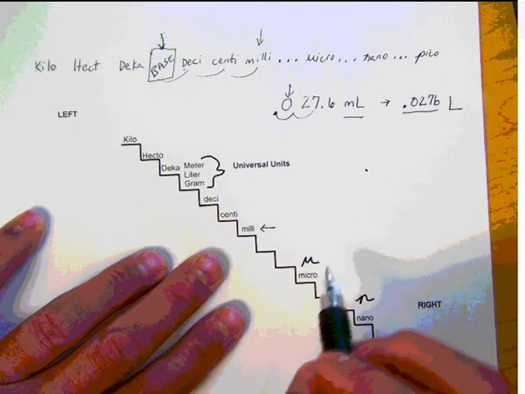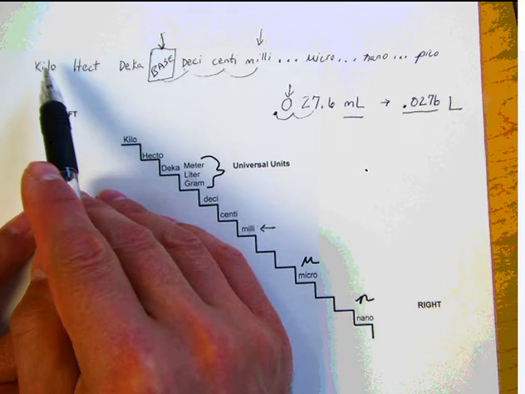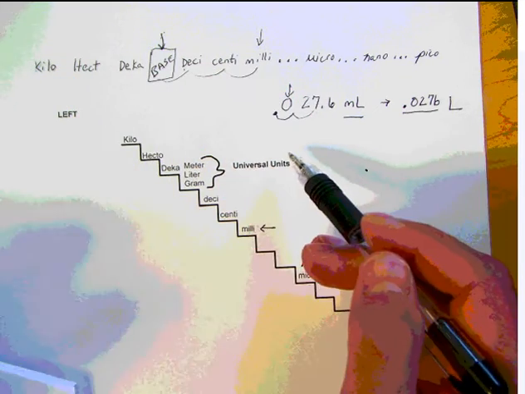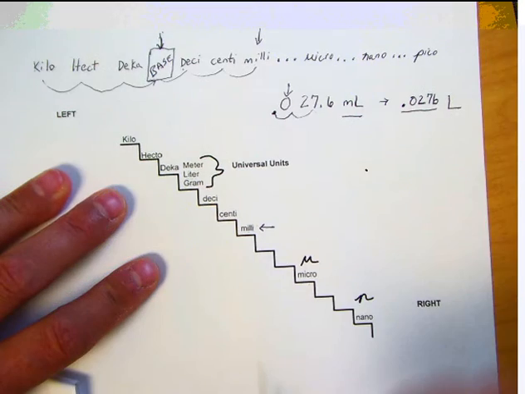I can do the same thing from any spot on here. I can convert kilo to milli, all right? And you might want to notice that you'll see a pattern here: from kilo to base units are 3.